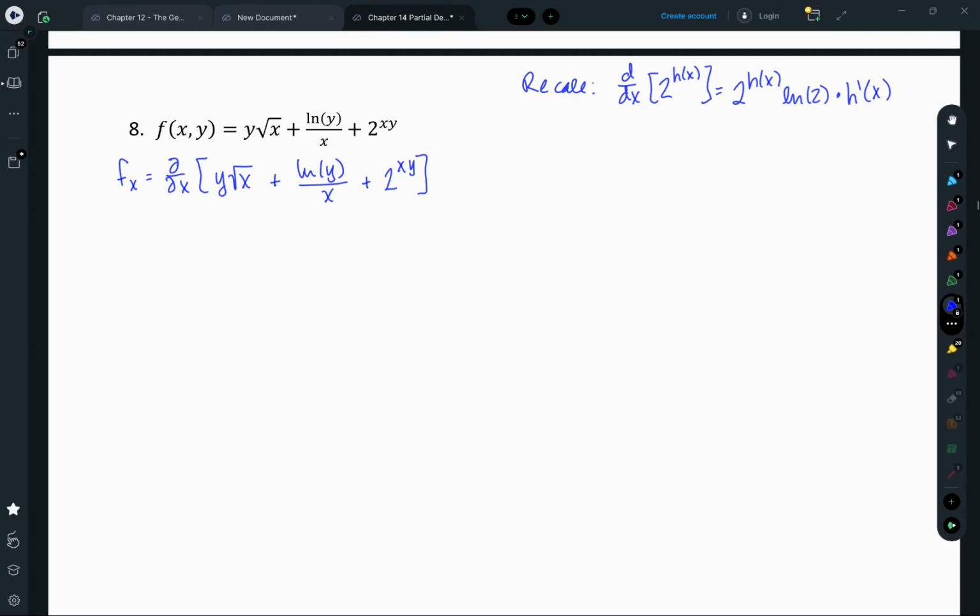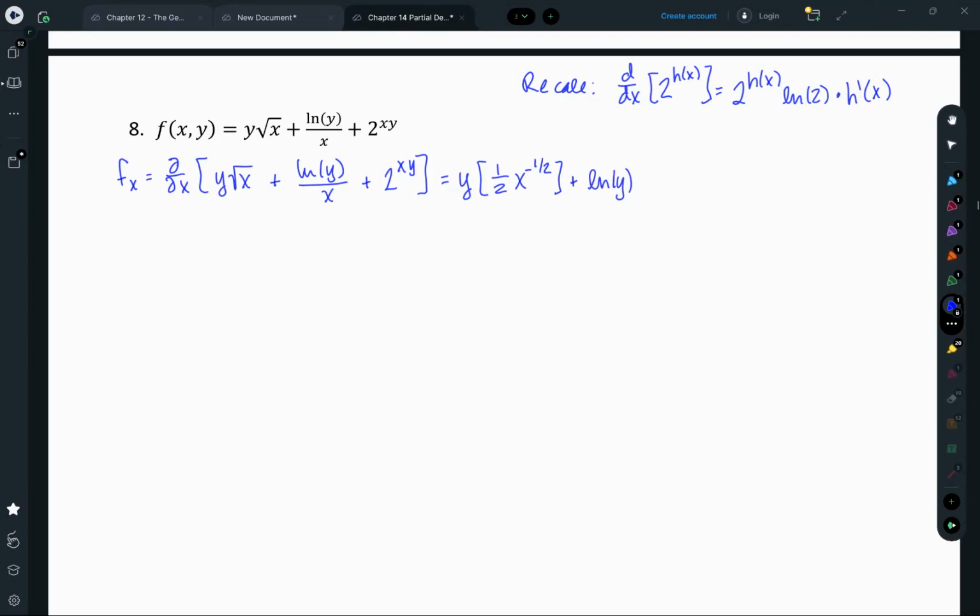All right, so taking the derivative of y square root of x, the y will come out in front, and inside we should think of this as x to the 1/2, so that we use the power rule. So it'll be 1/2 x to the minus 1/2, plus, and here the ln of y also acts like a multiplier.